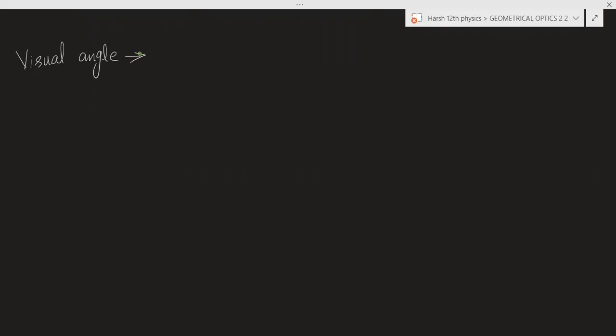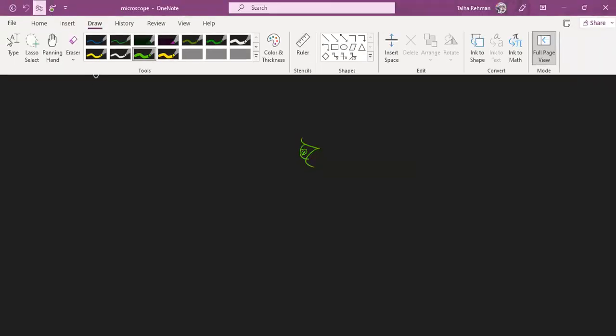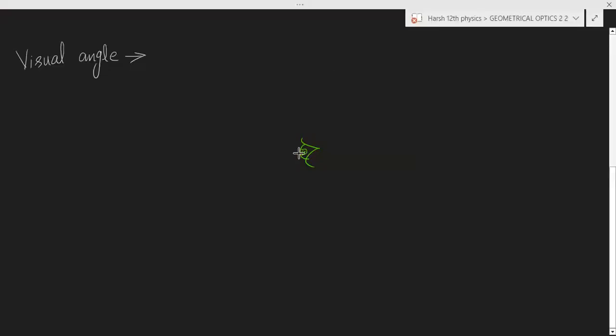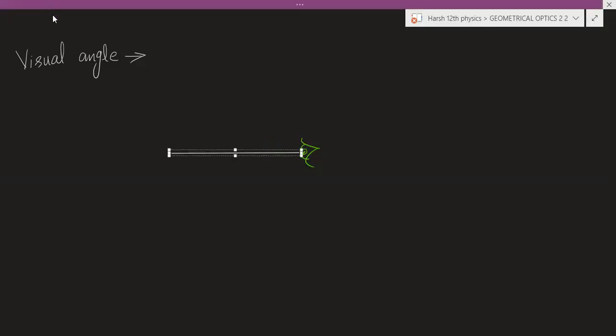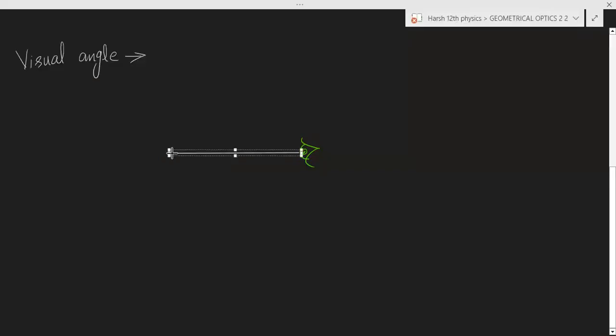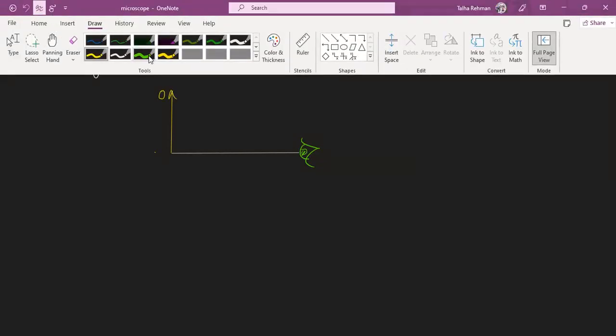For example, this is the eye and this is some object, and this object is subtending some angle at the eye.